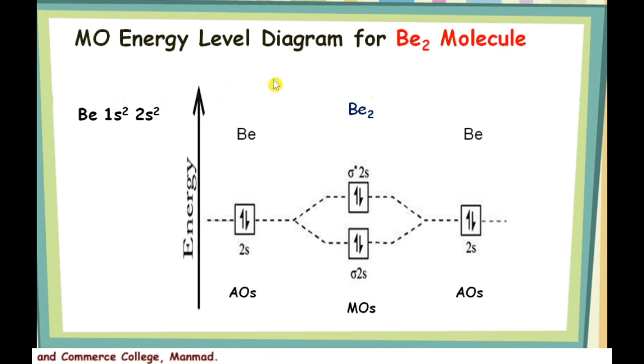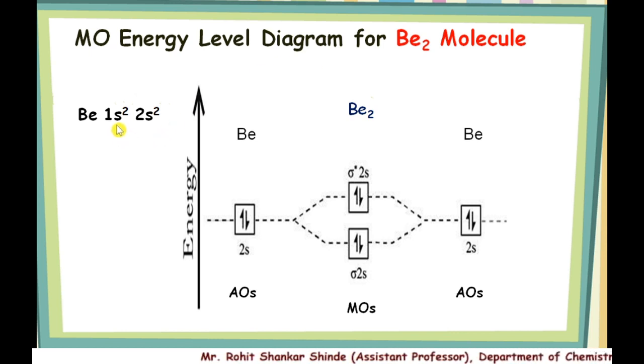Now let us see the MOT diagram for the Be2 molecule. This molecule is formed by the combination of two beryllium atoms. Each beryllium atom has electronic configuration 1s2, 2s2. The 1s orbital is lower in energy, so it does not take part in bonding.